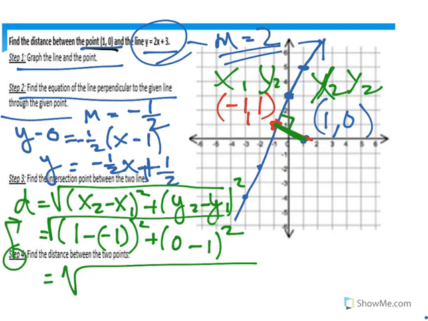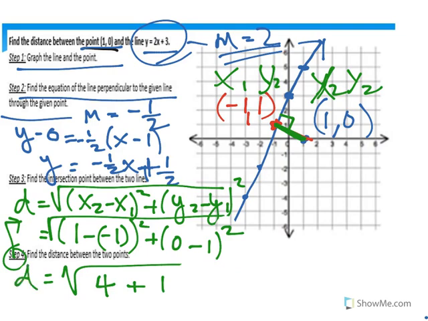I would say 1 minus a negative 1 is like saying 1 plus 1, or 2 squared. 2 squared, of course, is 4, because 2 times 2 is 4. Plus 0 minus 1 is negative 1 squared. Negative 1 times negative 1 is a positive 1. Then I would do 4 plus 1, and this is going to be my distance. Don't forget that we're doing the distance here, guys.